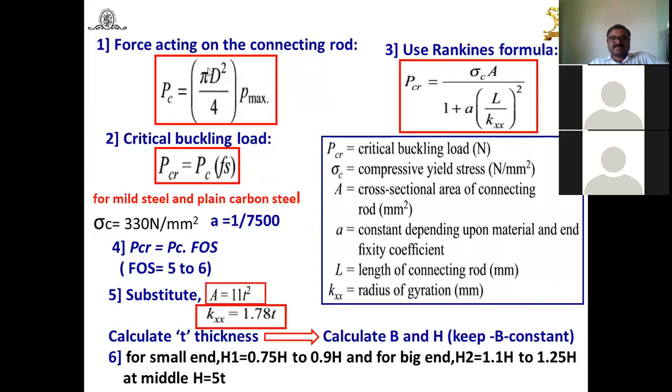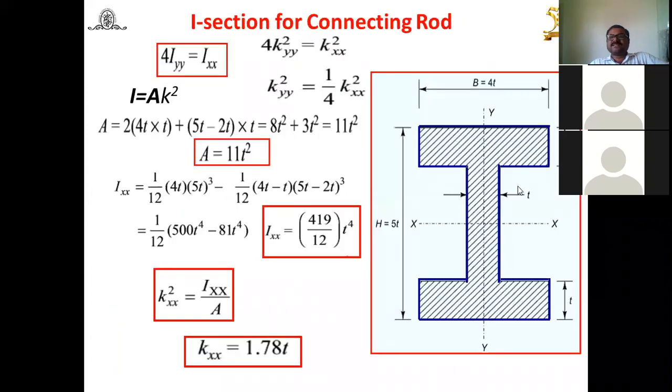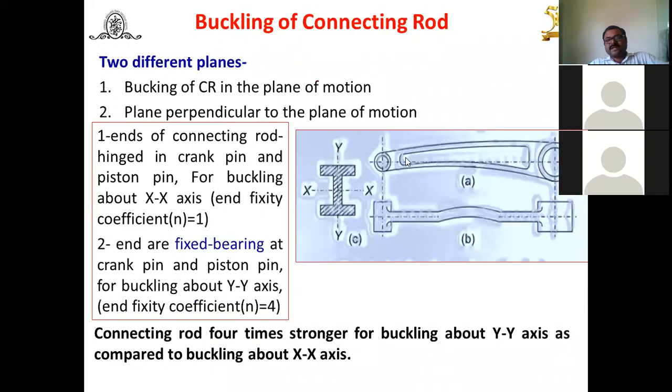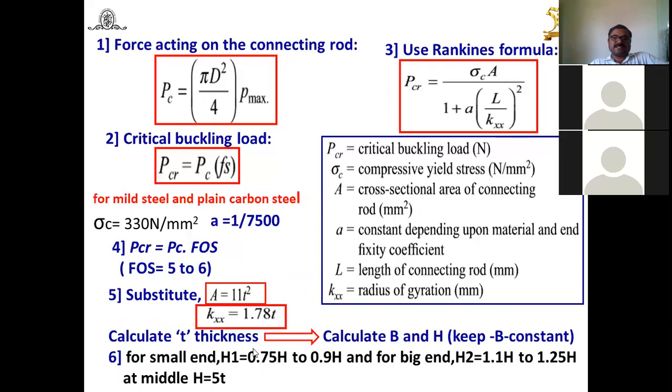That means by using this equation and relations of the forces and critical buckling load, using the Rankine formula, we can find out the dimensions of this I section. And how you have to vary from the small end to the large end, for that purpose the relations of H1 and H2 are also given. We can use these to find out the dimensions.